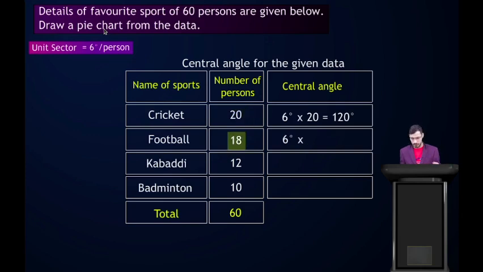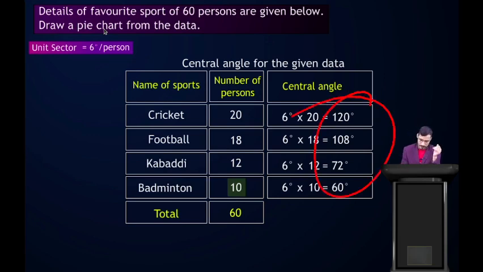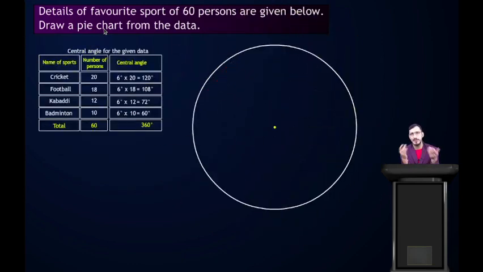Now 18 into 6, then 12 into 6, then 10 into 6. So 60, 72, 108 and 120, these are the central angles. Sum of all central angles is 360 degree.